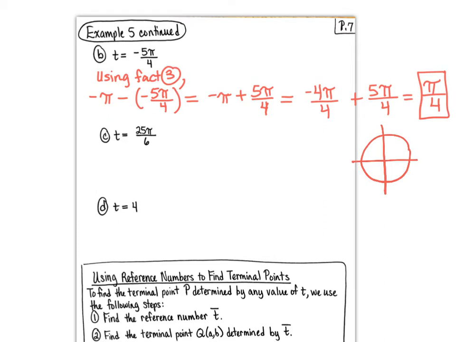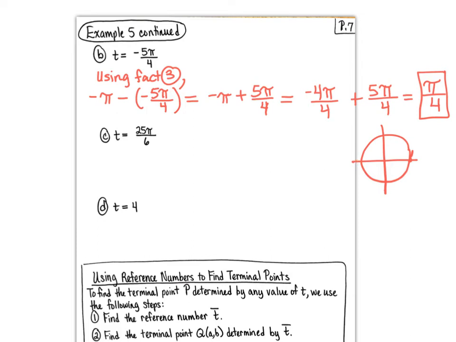You could count 5 pi over 6 around the unit circle, or you can see 25 pi over 6 as 24 pi over 6 plus pi over 6. Good. So here, notice that this is 0. This is pi over 6, 2 pi over 6, 3 pi over 6, 4 pi over 6, 5 pi over 6, 6 pi over 6.